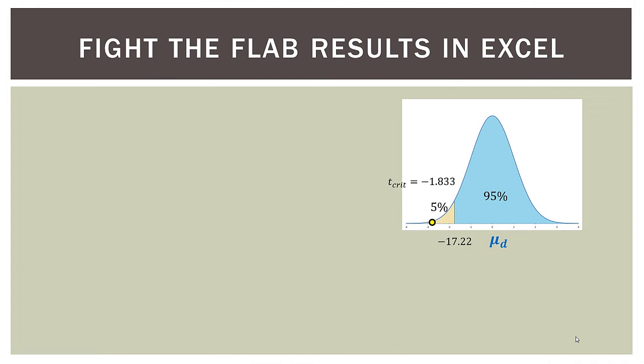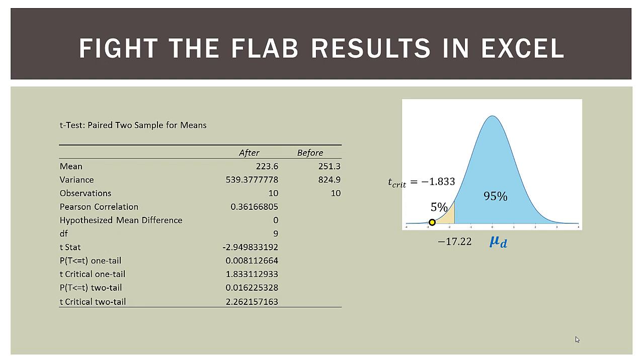Now let's go ahead and look at how this works in Excel. I'm going to do a separate video on the paired t-test in Excel itself, but I just want to show you the output in Excel as it compares to what we've done in the video. So here's the t-test, paired two sample for means, for this data. You can see that the mean weight after the diet was 223.6 pounds.